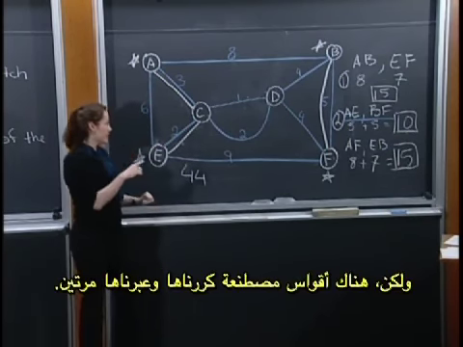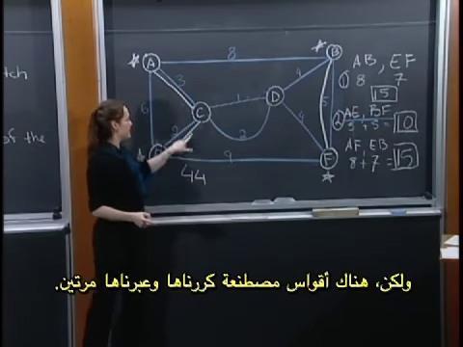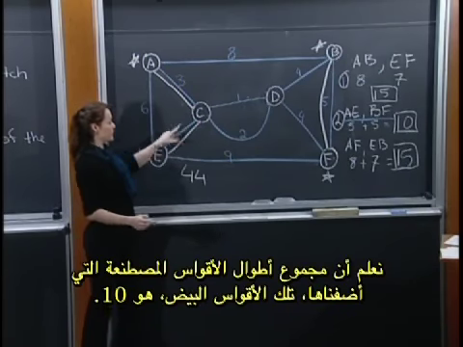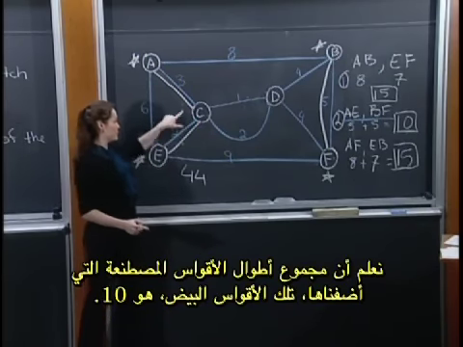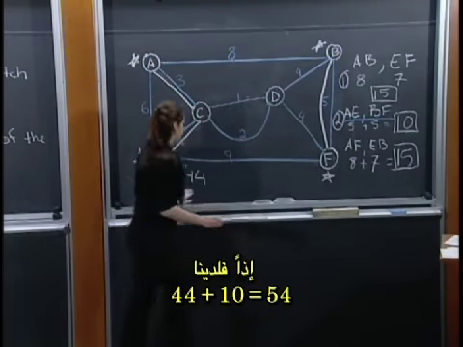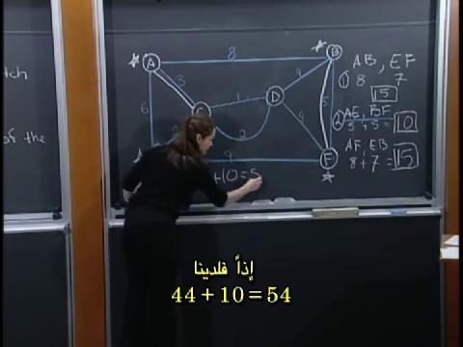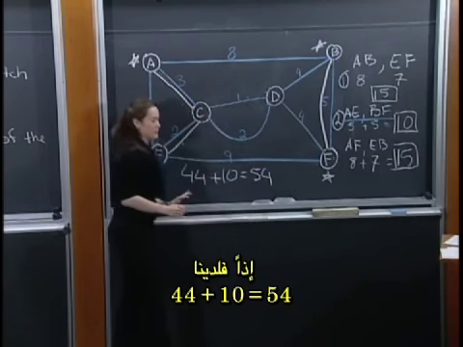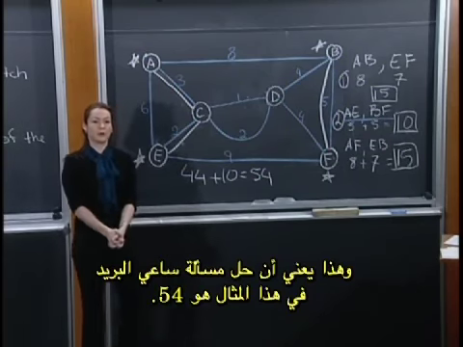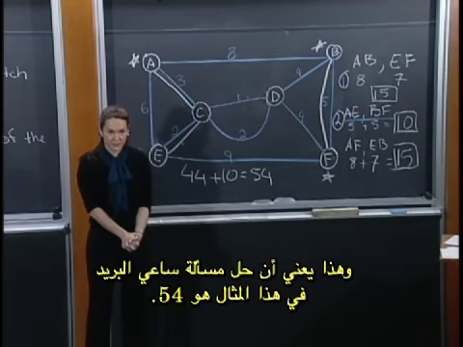But we are repeating and going over certain arcs twice, the artificial ones. And what we know is that the length of the artificial arcs that we added, these white ones here, is 10. So we have 44 plus 10, and that gives us 54. That means that the length of the Chinese Postman problem solution to this graph is 54.